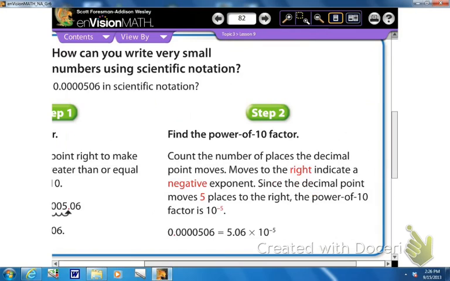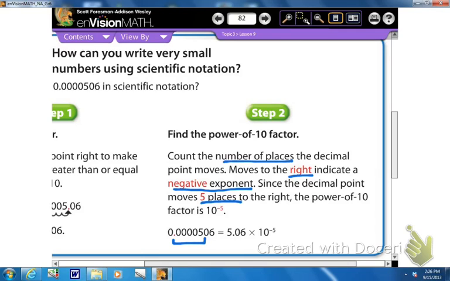Okay, so now we're looking at step 2, and we need to find the power of 10 factor. Count the number of places the decimal point moves. All right, so we know we always have to count the number of places. And notice that it moved to the right, which means we're going to have a negative exponent, which maybe you haven't seen before. And since the decimal point moved 5 places to the right, it moved from here all the way over to here, right? 5 places.